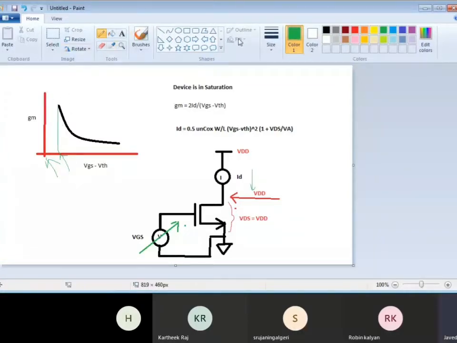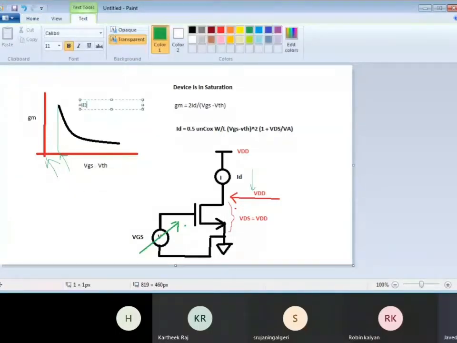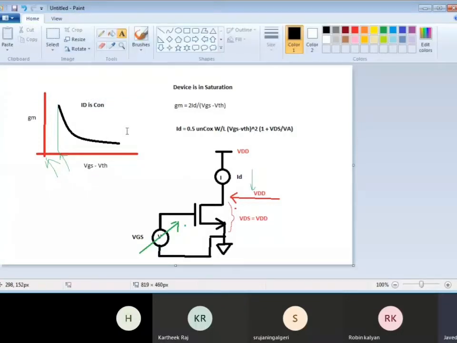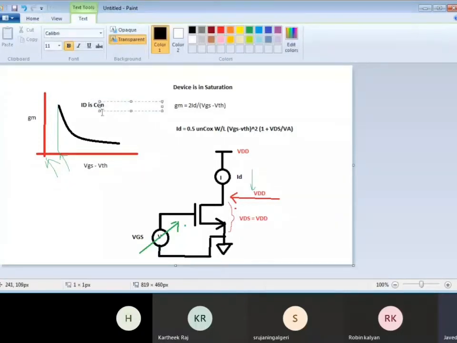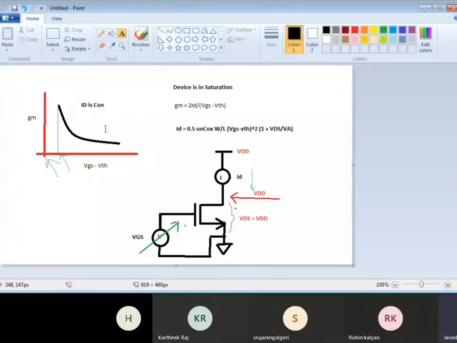Okay, let me write the condition correctly for this one. This is with AD is 5 step. Okay, so in this case, let me take up Robin's doubt here.